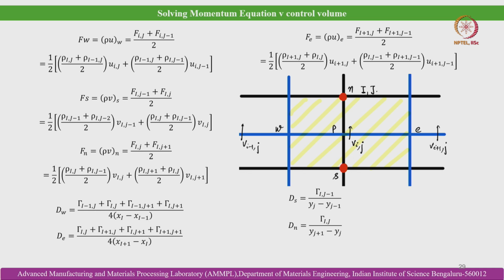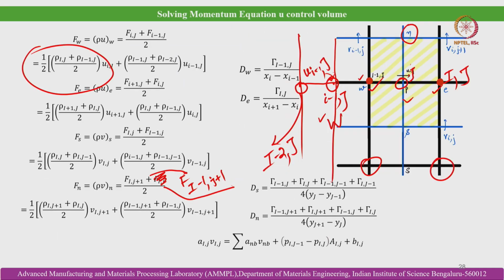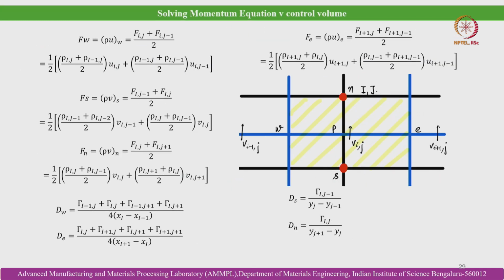The treatment for the y direction is quite similar, and if we derive it in the same way, we will get the values of the mass flux in the west, south, north and east faces, as well as the diffusion conductance for the west, east, south and north faces, quite similar to the discretization of the x direction momentum equation. Here we only have to do it for the v control volume.